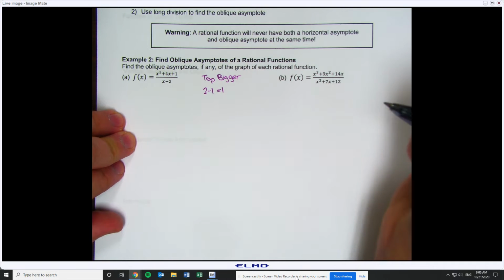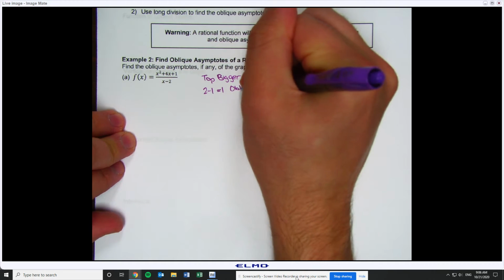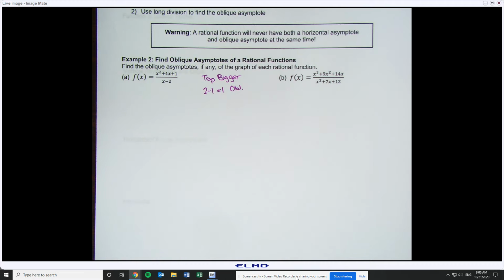So this one's oblique. Okay, so we will have to do our polynomial long division in order to do this. Now, if you are not comfortable with polynomial long division, I have 2 examples on here. And if these 2 examples aren't enough, please do a little bit of research online to find them.